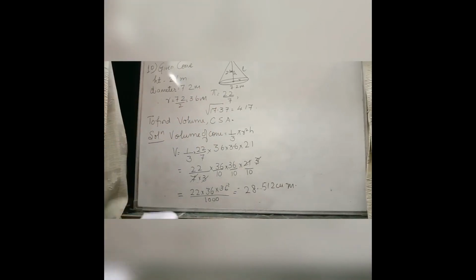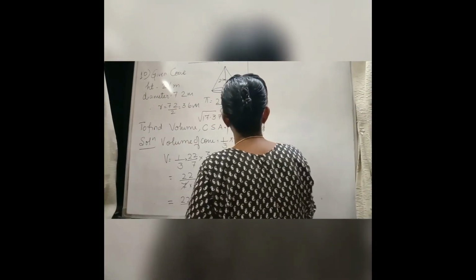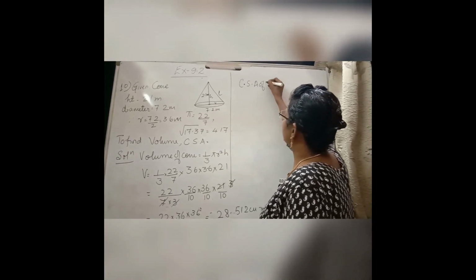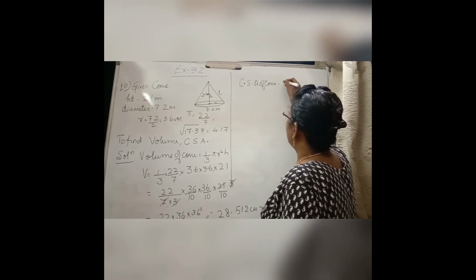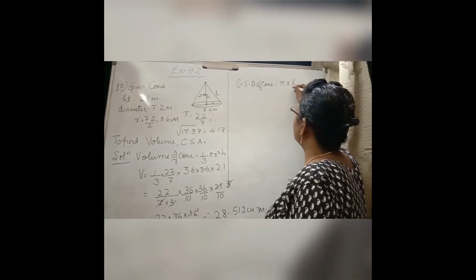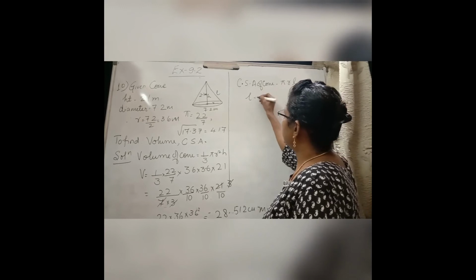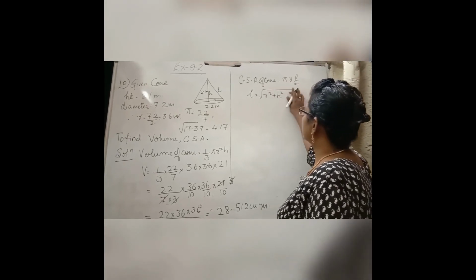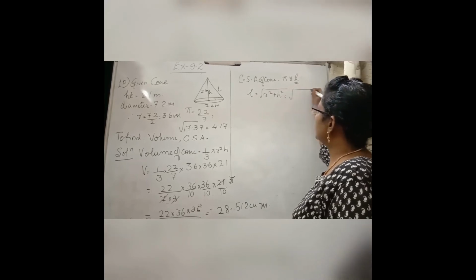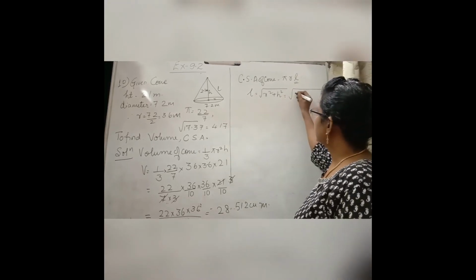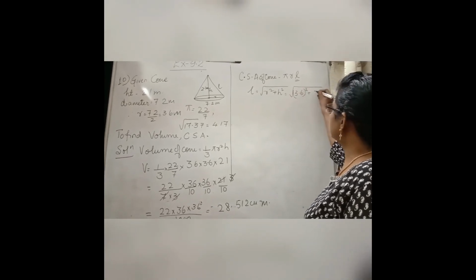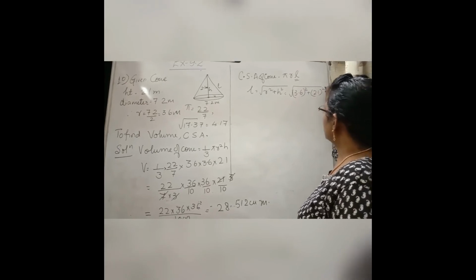Now we have to find the curved surface area. For curved surface area, we need pi r l. So we have to find the value of l. So l is equal to square root of r square plus h square, and that is equal to square root of r is 3.6 whole square plus h is 2.1 whole square.